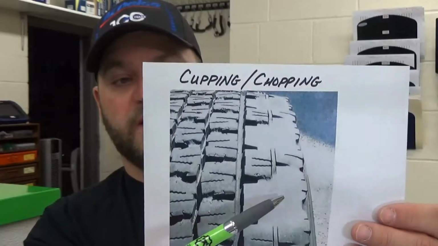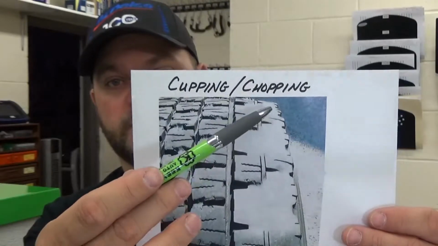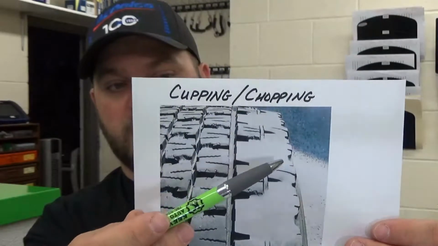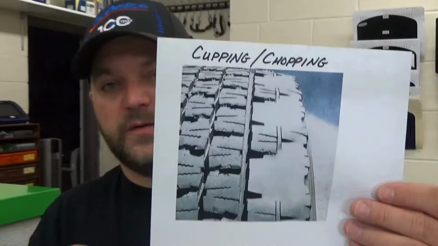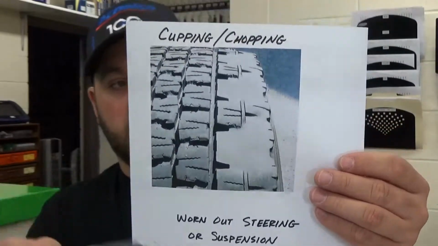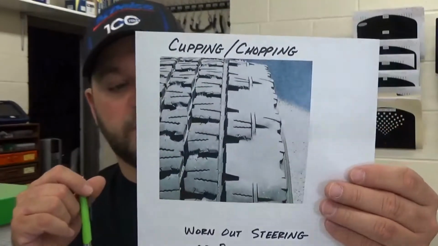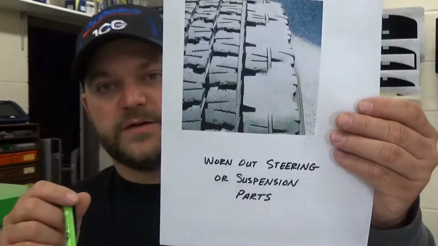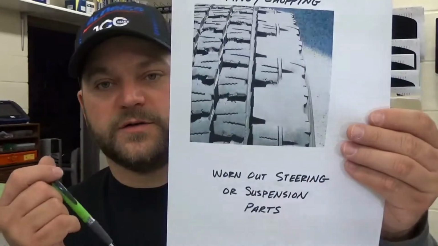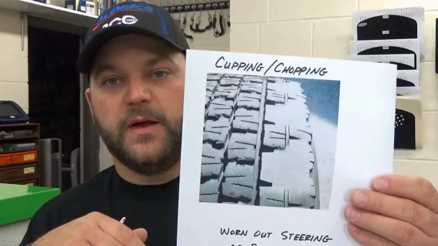Typically, it'll be every other lug of the tire is worn out, and then the lug in between looks good. And often you'll get a sawtooth type pattern to them also. This is caused by worn out steering or suspension parts. The tire is wobbling or hopping a little bit going down the road, and it typically shows up on just one edge of the tire.